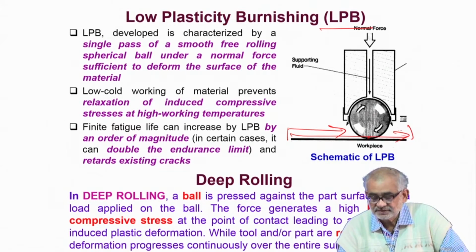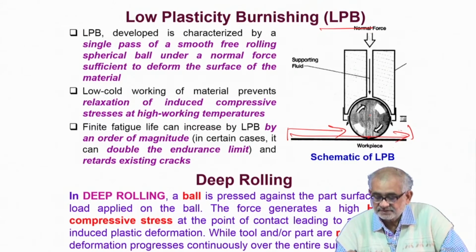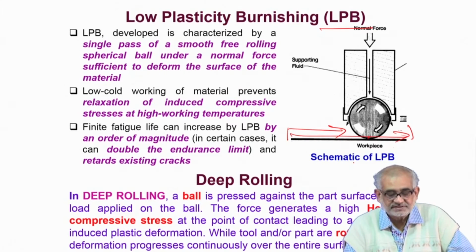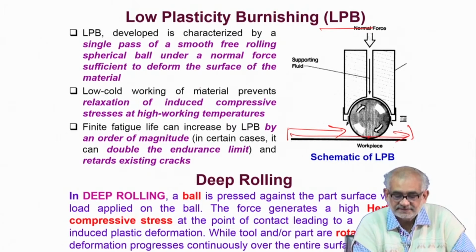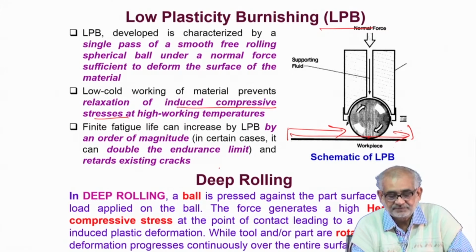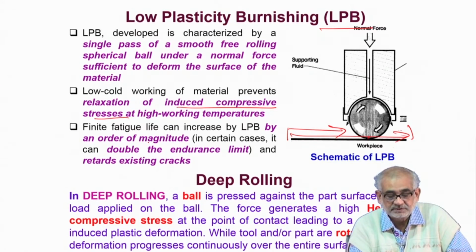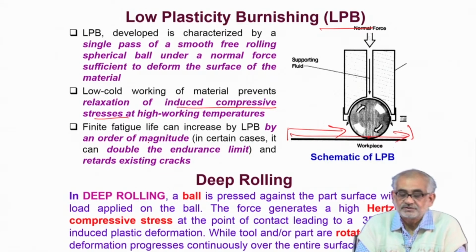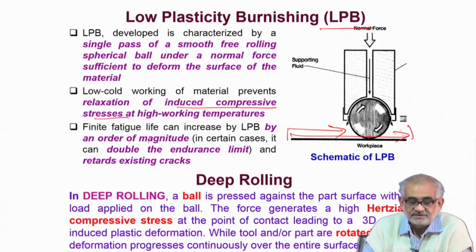So when this spherical ball rolls over, it actually rolls with a certain amount of stress already applied onto the surface. So as a result, it creates again limited deformation onto the surface and induces compressive stress, and this can also relieve a certain amount of state of stress if the temperature is high.